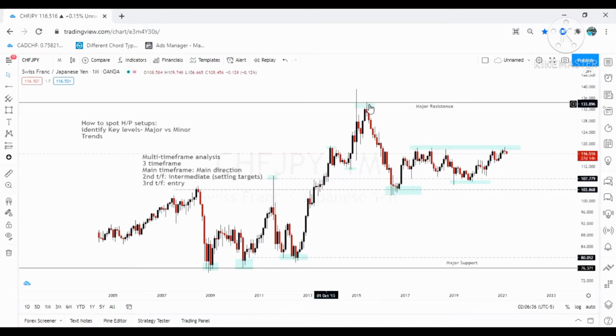And then the market from our major resistance came and broke the structure over here. The market came and broke our previous higher high and also came and broke our previous higher low. Yeah, previous higher low. So this is a higher low.